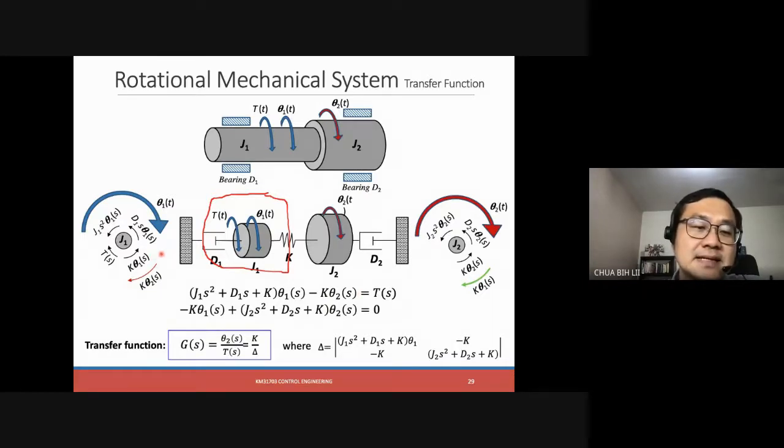So if we assume here anti-clockwise is all positive, we will have K1 and D1 s and then J1 s square, everything multiplied by theta 1, then minus Ts, you should put minus Ts over here, and then this one also minus, minus K theta 2 over here. Once you have this equation equal to 0, you transfer this Ts to the other side, so you would get these equations, right?